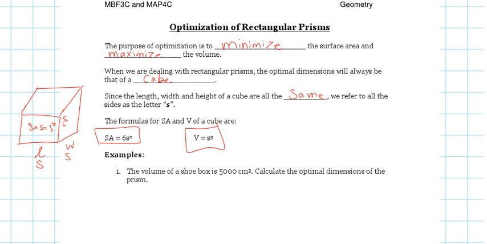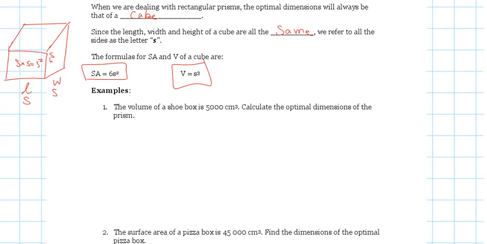In this question, it's telling you that the volume is 5,000 centimeters cubed and to calculate the optimal dimensions. So this is how I know it's an optimization question. Since I want the optimal dimensions, what shape should it be? A cube. Now, what is given to me? The volume. So what formula should I start with? The volume formula, because they gave me the volume.